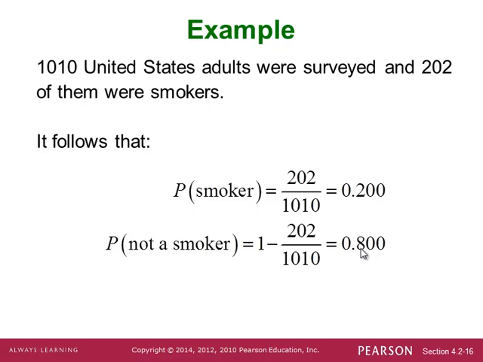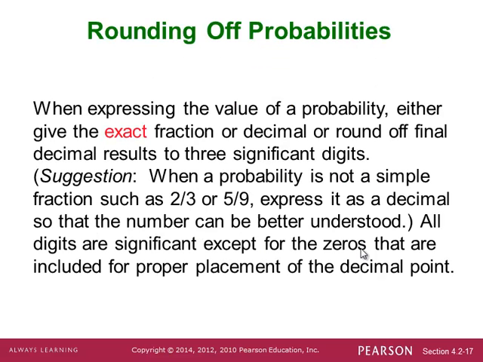So if you know the probability of an event, you can subtract from 1 to get the probability that the event doesn't happen, or vice versa. Sometimes it's easier to calculate the probability of the event not happening and then subtract from 1 to get the probability that the event does happen. So we're going to use that from time to time in the future.